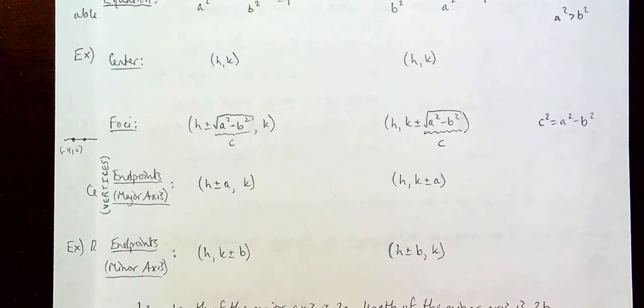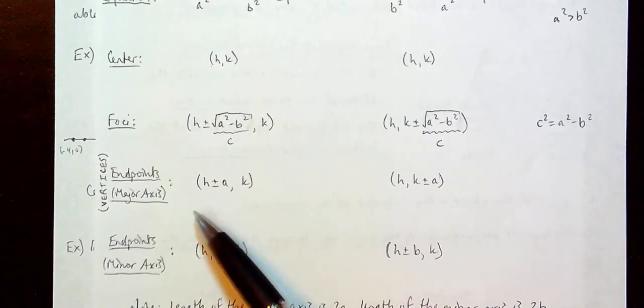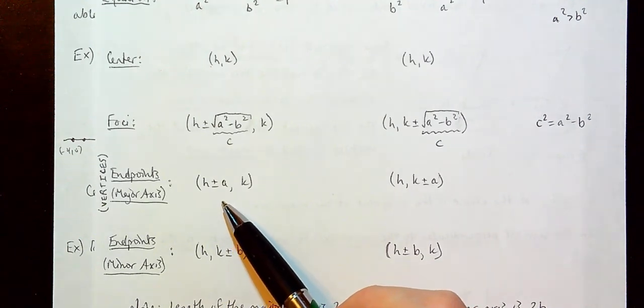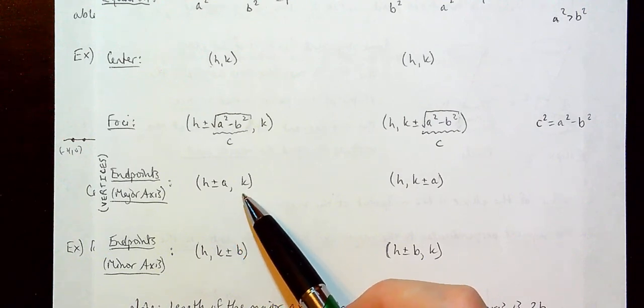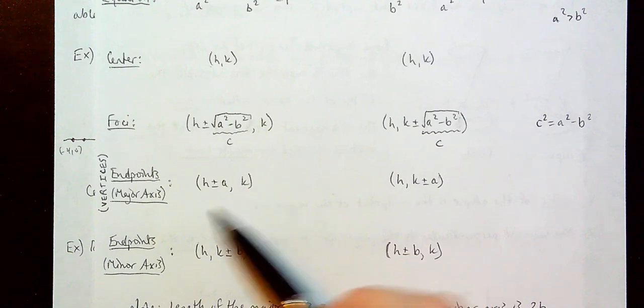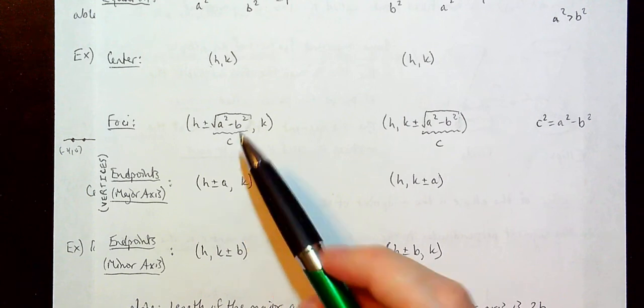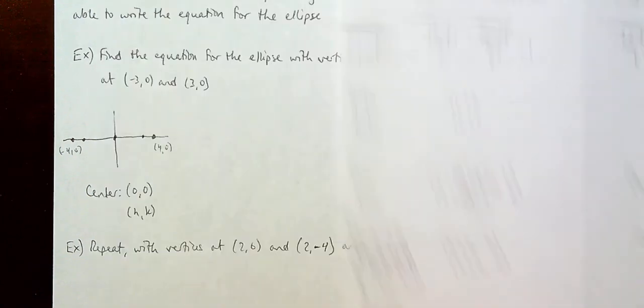If we look at an ellipse that has a horizontal major axis, the general form for the ordered pairs that are our vertices is h plus or minus a, comma k. Now, we know that h and k are both 0. We found that from our center.